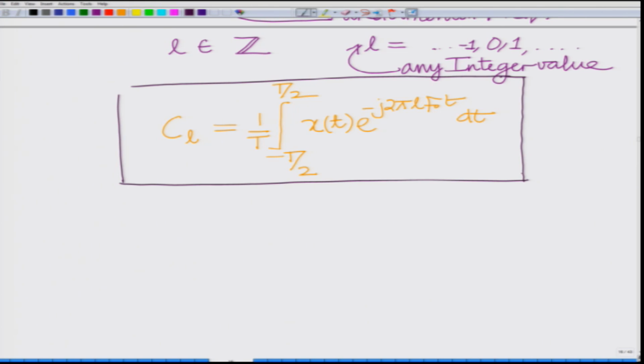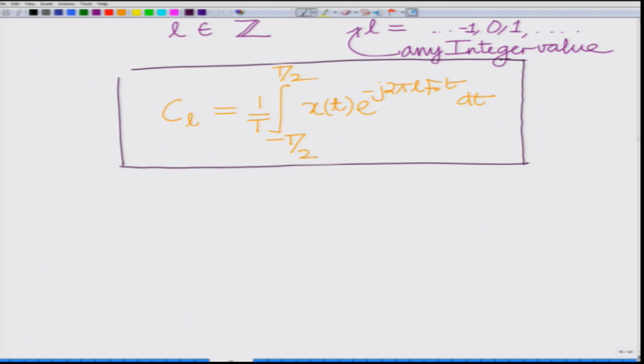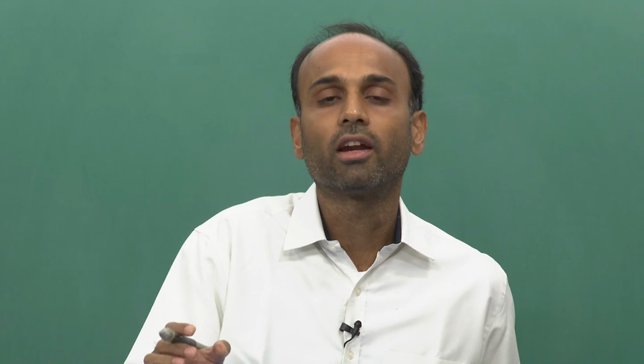And in general this integral need not be only from minus T by 2 to T by 2. It can be over any period, that is, from any small t to small t plus capital T, where capital T is the period.